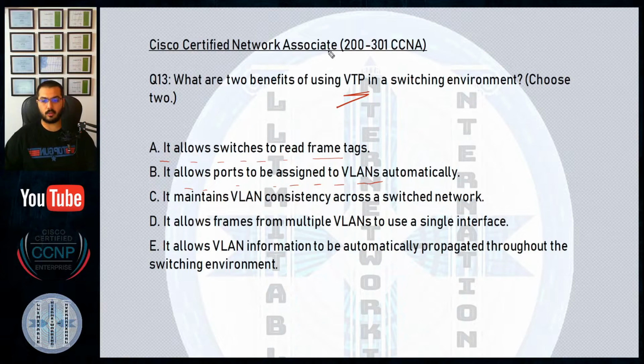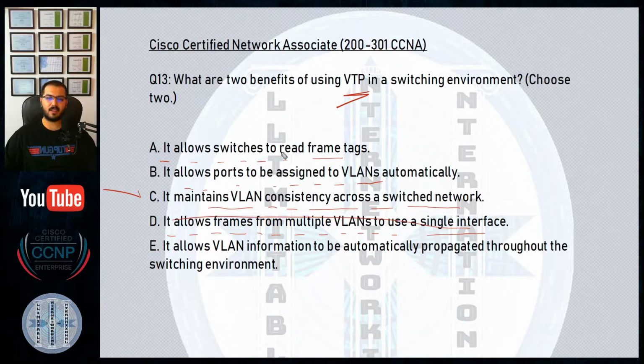So B is also incorrect, and we wish if B was correct in VTP, then it would be very useful, but it's not. C maintains VLAN consistency across a switch network. Yes, because your switches will always be updated with the latest VLANs added and removed from the network, so C will be correct. It allows frames from multiple VLANs to use a single interface.